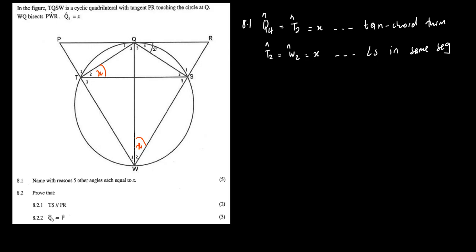Q4 and Q1. Well, remember for vertically opposite angles, they must form an X. Do you see those ones? They don't form a perfect X. It's a bent X.